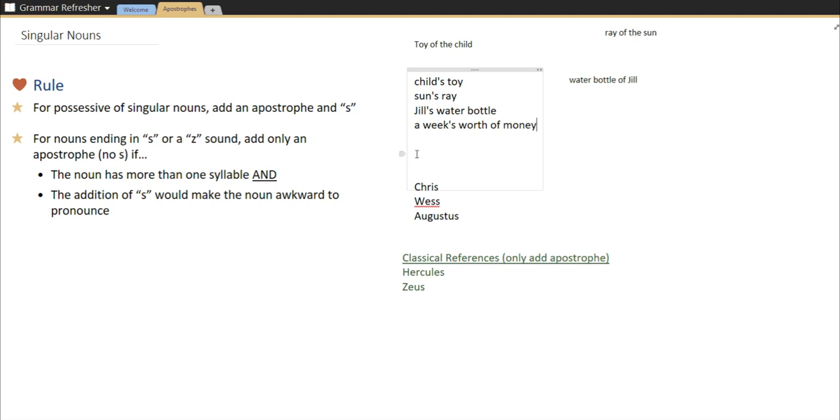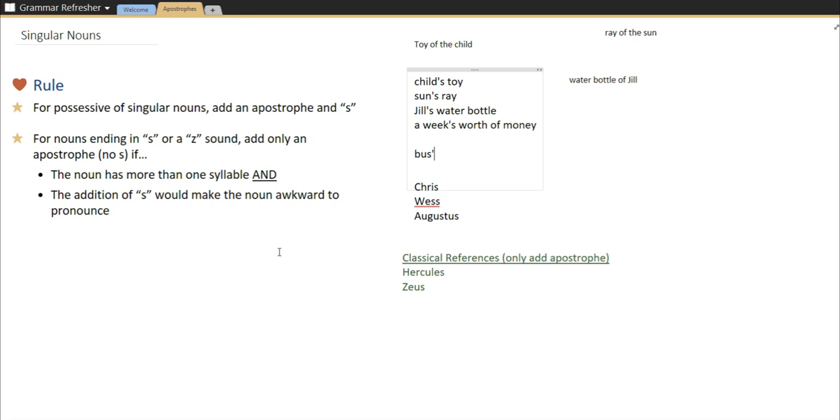So let me give you a common noun, the word bus. Let's say the bus's right headlight is out. Well, this is a singular noun that ends in S. But to make it possessive, you don't just add an apostrophe. If you look back at our rule, to add only an apostrophe and no S, the noun has to have more than one syllable.